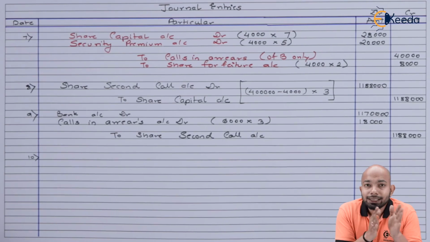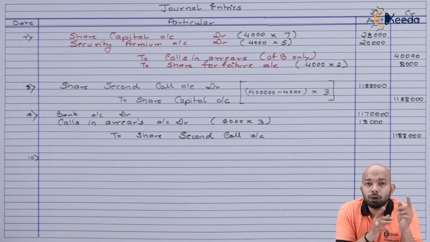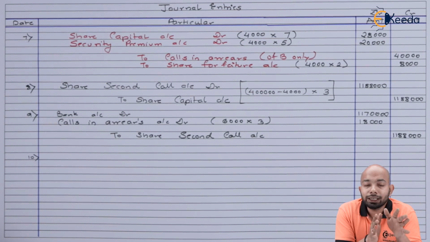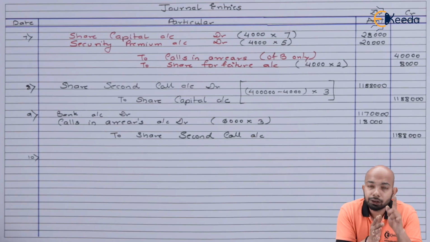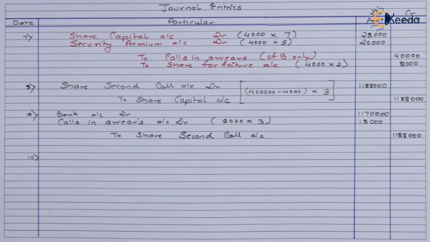That means he has completely given us the amount which we have called up for, and that refers to allotment and application. He only didn't pay the calls in arrears referred to the first and final call. So we'll take that into consideration, as we don't have to cancel the premium here.